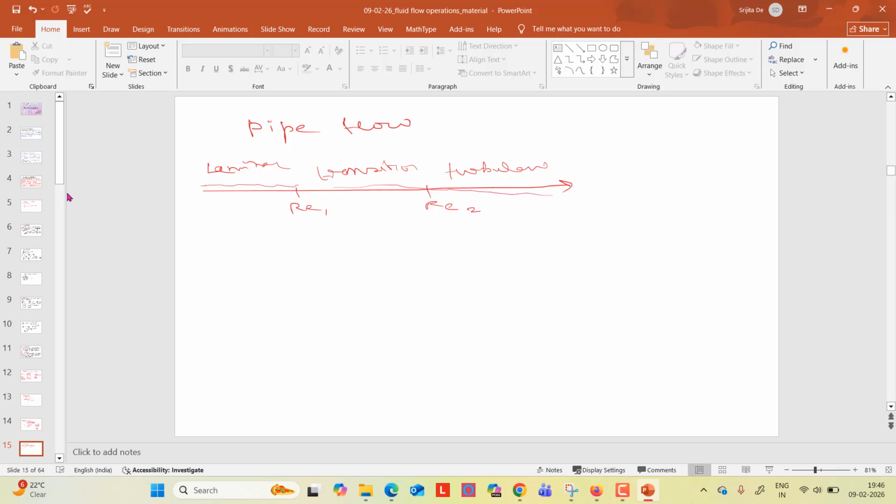So what is happening for pipe flow? The RE1 value is around 2100, and the RE2 turbulent zone value is 4000. But if you find a research paper, they say that the exact point where the transition happens in a pipe flow from stable flow to unstable flow, the exact value of RE, is 5772.